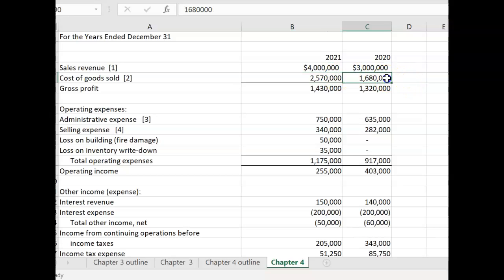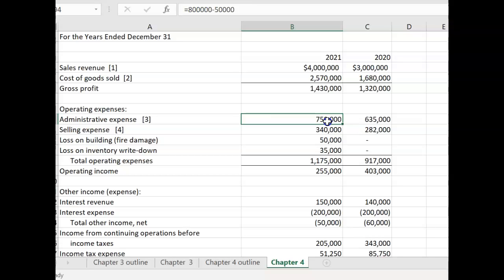And we would do the same for the information in 2020. So our gross profit in 2021 is $1,430,000, and in 2020 it is $1,320,000. We would do the same thing for the expenses. I'll go through the administrative expenses.